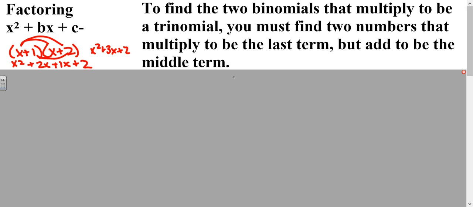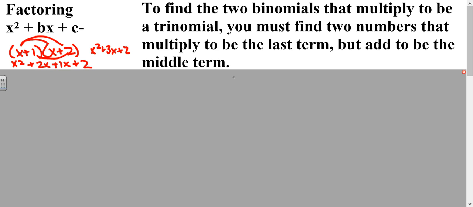So there's a trick. We see that when we multiply these two numbers out, these two numbers in the middle have to add to be 3, and they also have to multiply to be 2. So there's a shortcut when we're factoring, when we're trying to go backwards and figure out what these two factors are.